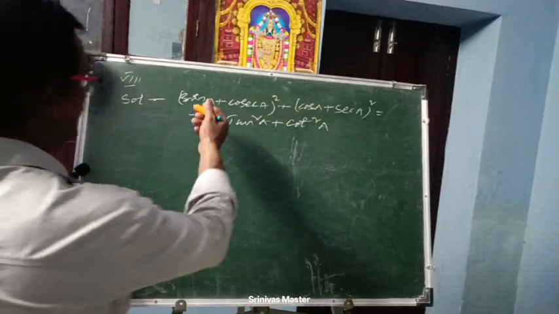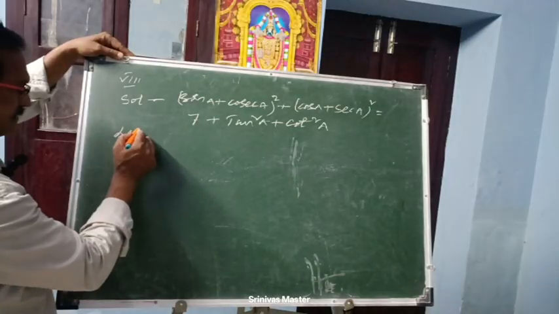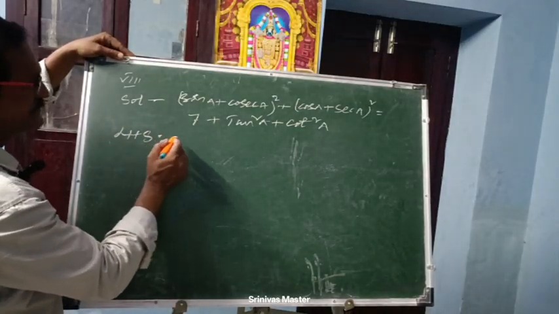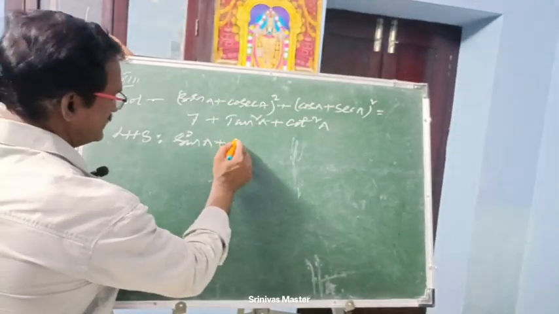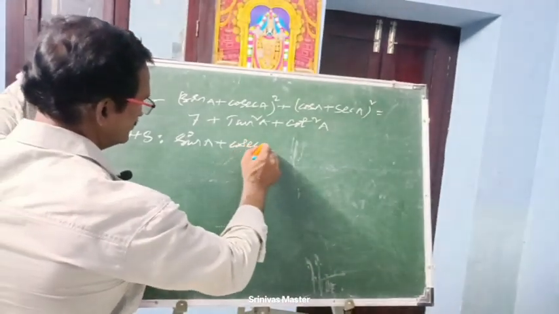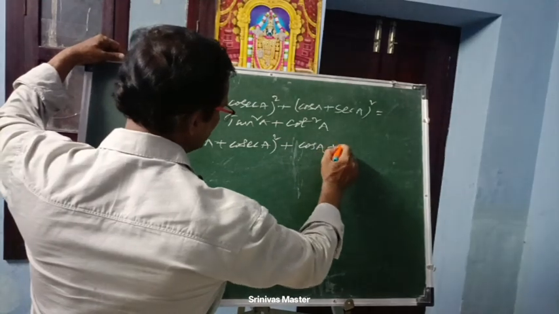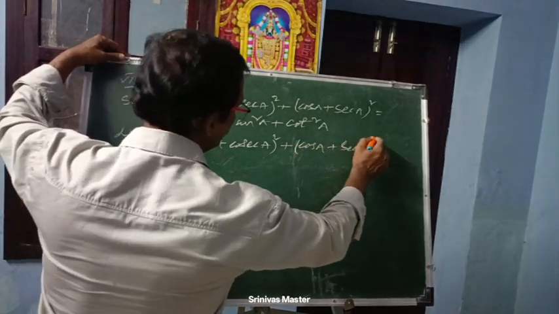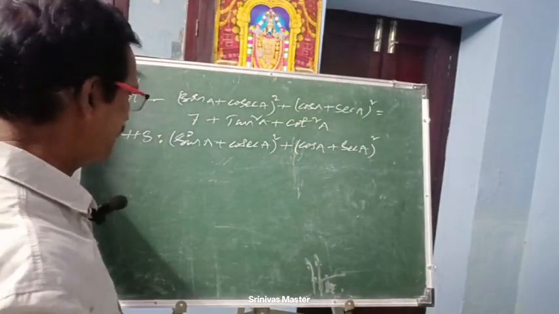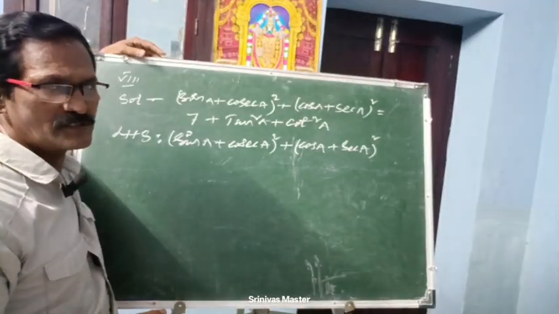Now, take this LHS, children. What is LHS here? (sin A + cosec A) whole square plus (cos A + sec A) whole square. We should expand both the terms by using one of the algebraic identities, (A + B) whole square.